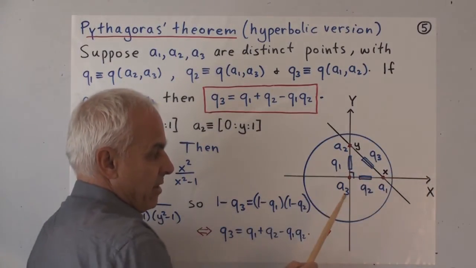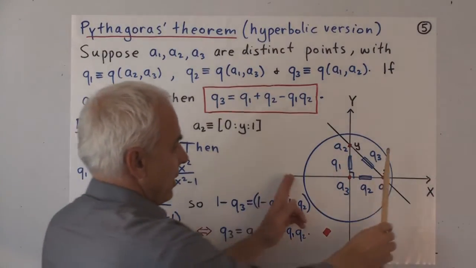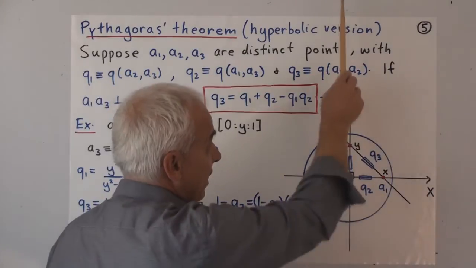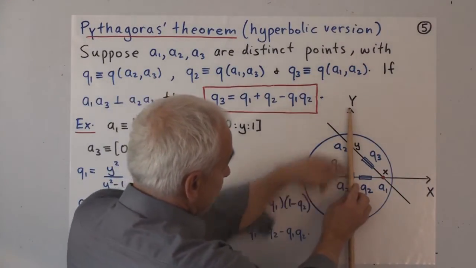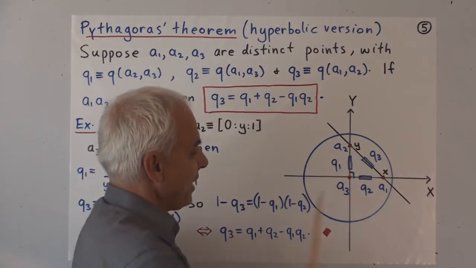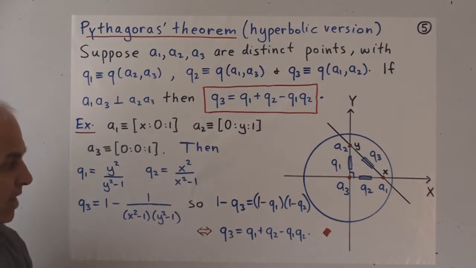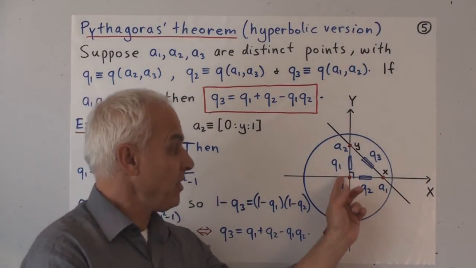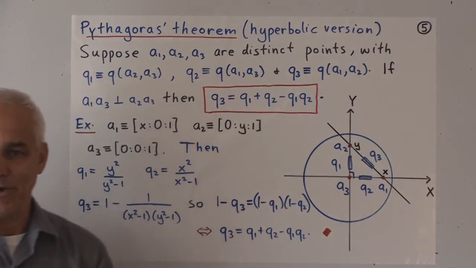The dual of this line, because it goes through the center of the circle, is the point at infinity in that direction. And so this line, which is perpendicular in the usual sense, is actually perpendicular in the hyperbolic sense. But you could also check that by computing the equation of this line, and checking perpendicularity directly.